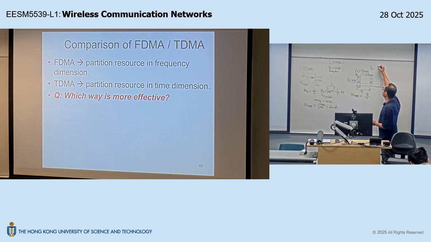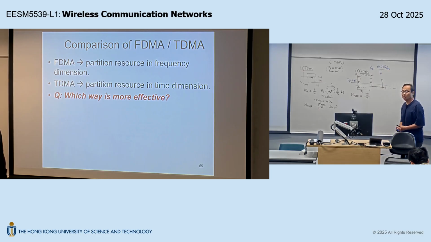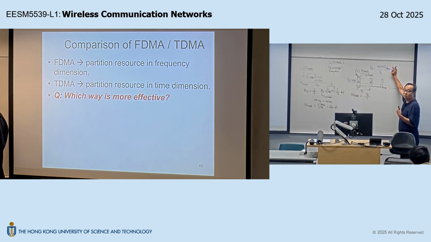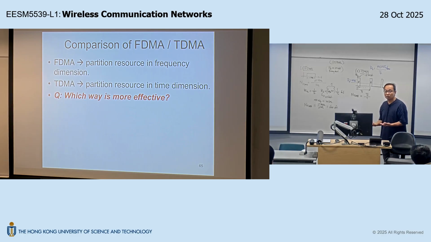So the numerator is the number of bits transmitted per frame, divided by the time of a frame. That's the bit rate, right? So what's the numerator? The total number of bits delivered per frame, right? So if you look at this picture, what is the total number of bits delivered in one frame?